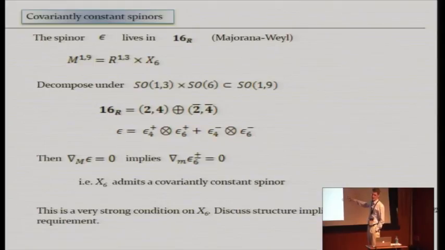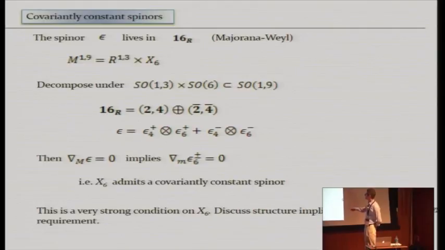So I used capital M here for 10-dimensional indices and little m here for 6-dimensional indices on X6. So just taking that and factoring it tells you that this internal spinor has to be covariantly constant, both for epsilon 6 plus and epsilon 6 minus. Well, they're conjugates of each other, so it's not a big deal.